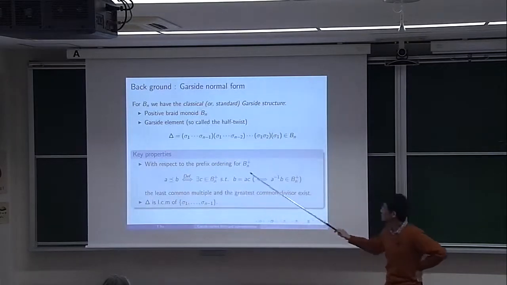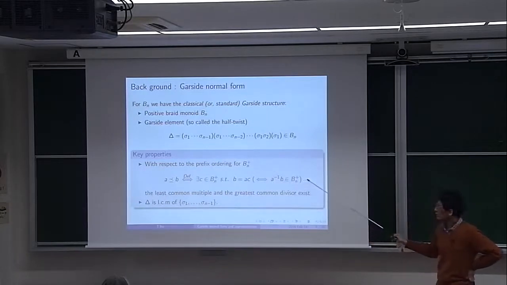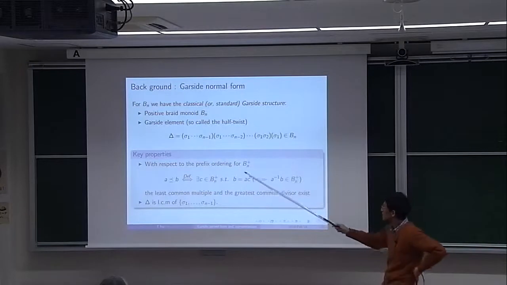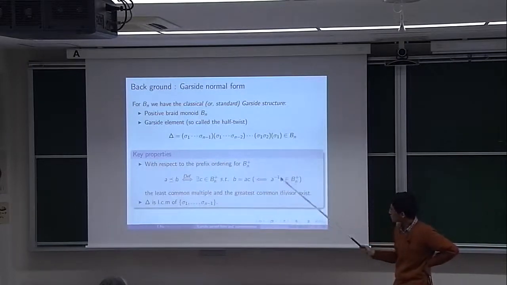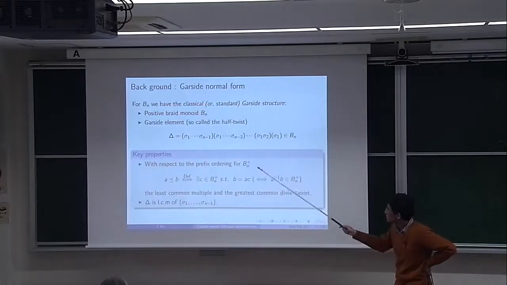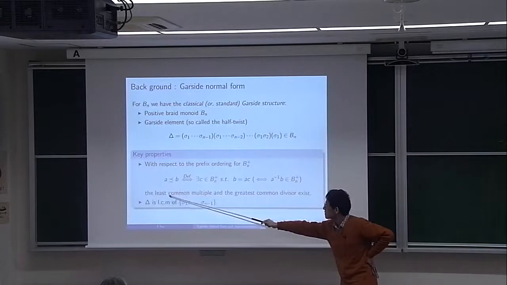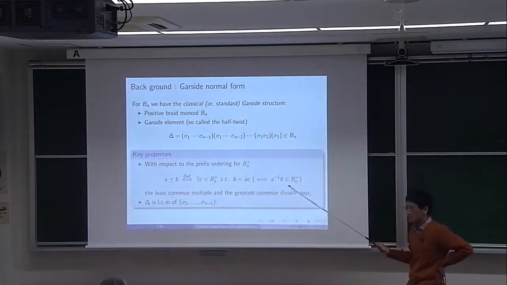This can be written just as A inverse B is again a positive braid. So in some sense, we can divide B by A inside the positive braid monoid. One good point is that with respect to this ordering, we have the least common multiple and greatest common divisor.